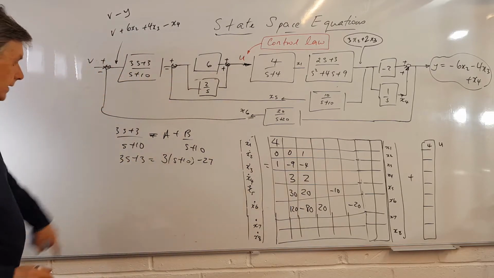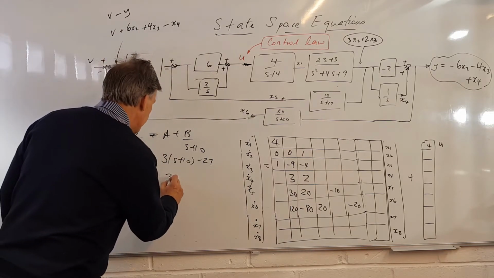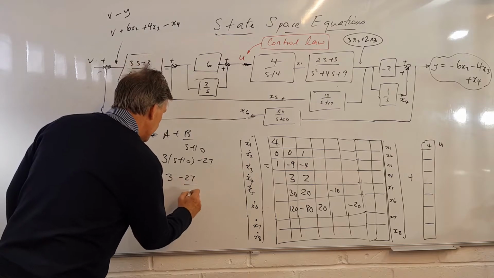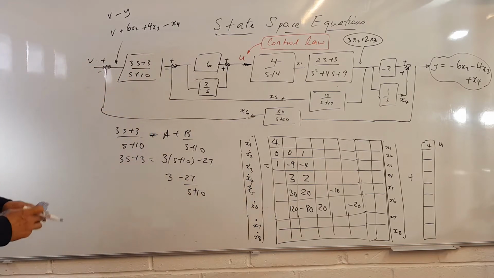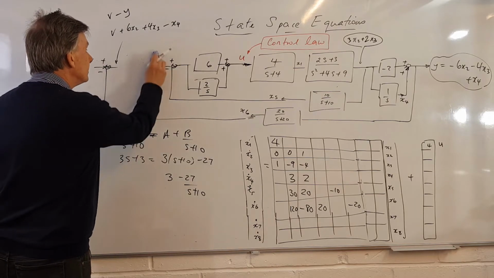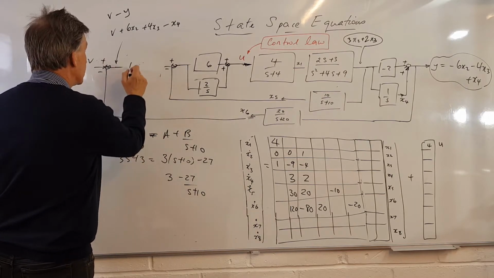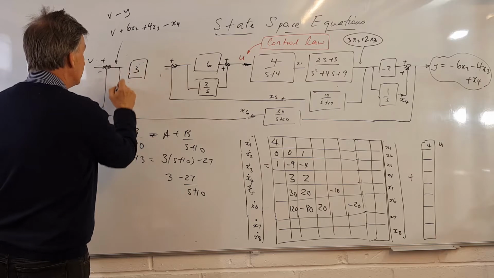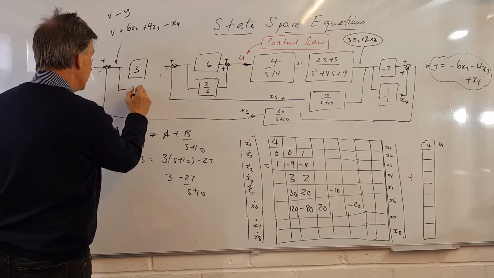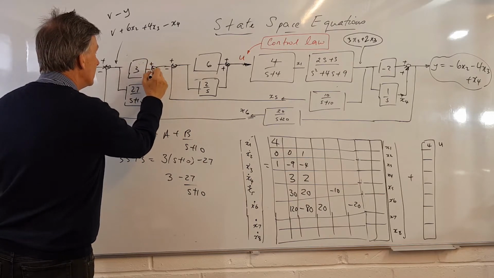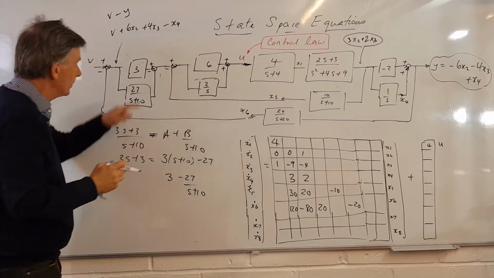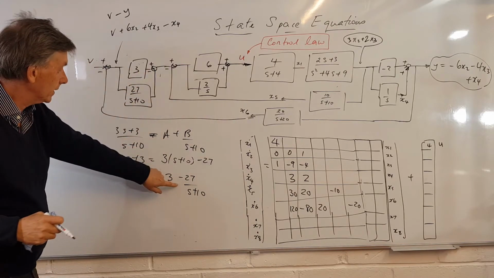So we can rewrite this as 3 minus 27 over s plus 10. I'm going to take this box out and rewrite this as 3 and a 27 over s plus 10, and this time we'll put a plus and minus in here to give us the minus 27.